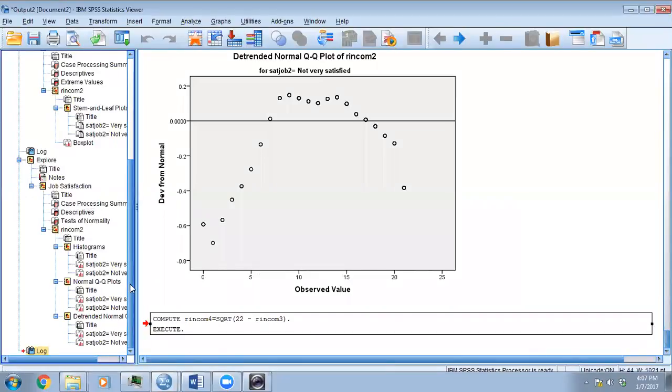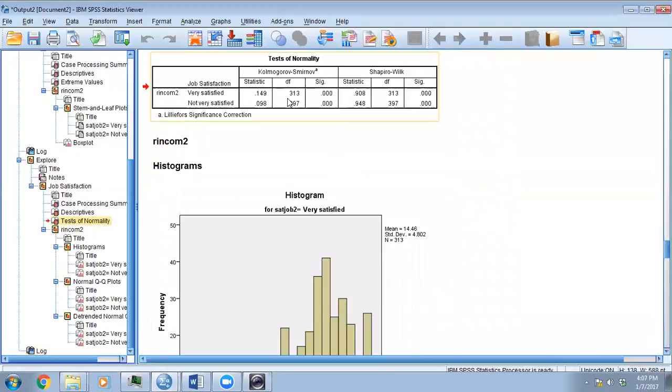One thing which we did not see last time, which I should have explained, is the test of normality: the KS test and the Shapiro-Wilk test, Kolmogorov-Smirnov and Shapiro-Wilk. Now they both are significant here. This we are talking about before transforming the data. Significant means that the data is not normal.